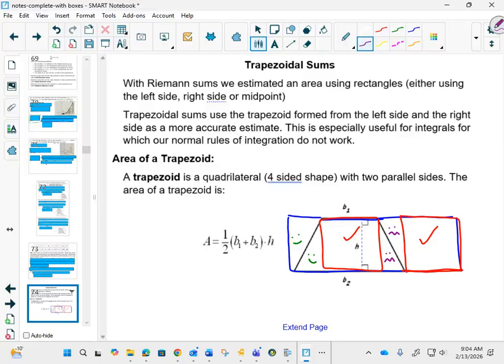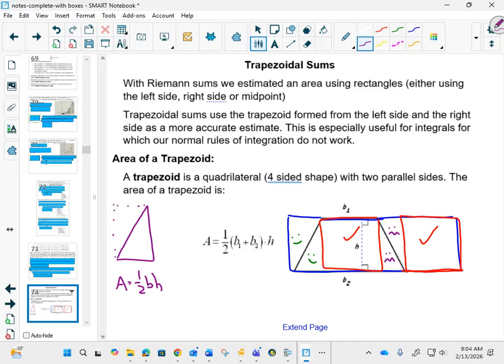This is true, obviously, with triangles. Here, I'll do a right angle triangle. Can you see that right angle triangle is exactly half of the rectangle? That's why our triangle formula is 1/2 base times height. Can you see you could use the trapezoid formula? Because in a triangle, what's the base at the top? 0.